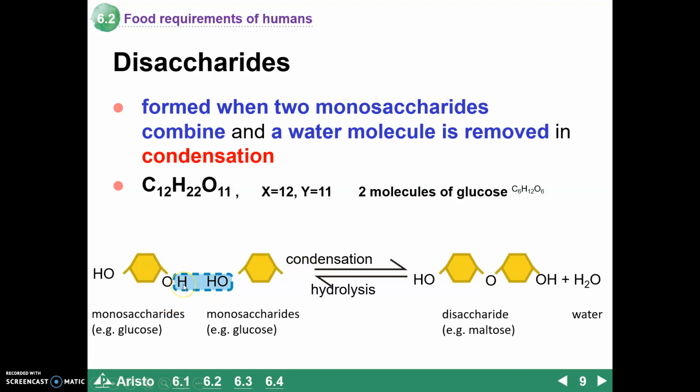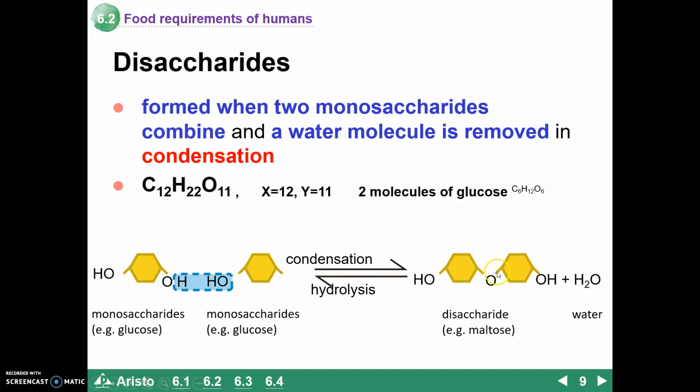With the removal of a water molecule, one H atom is removed, one OH group is removed, so H plus OH becomes H2O. That water molecule is removed, and this oxygen will join these two molecules together and form a chemical bond here.